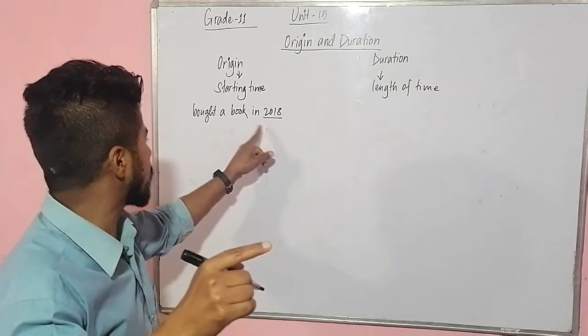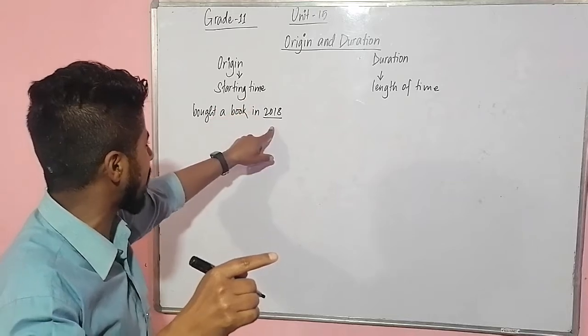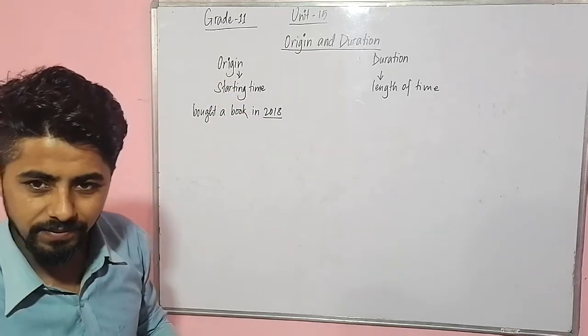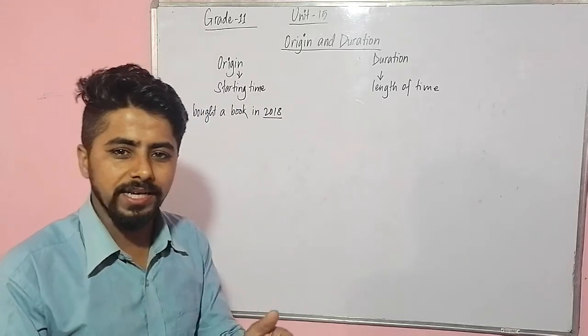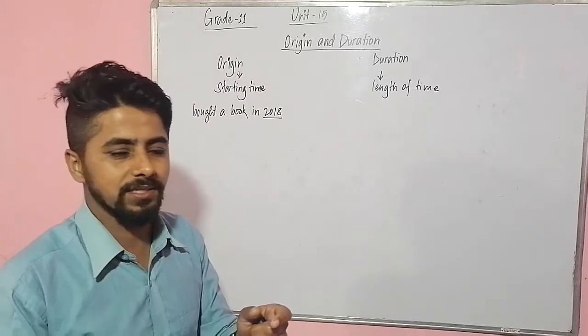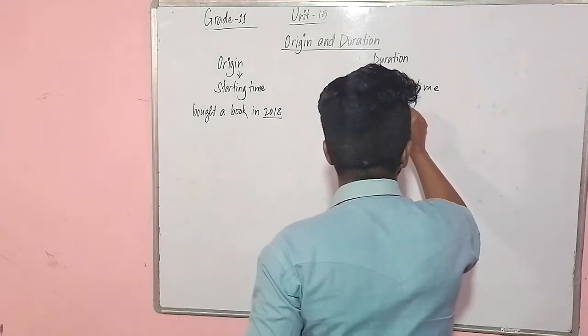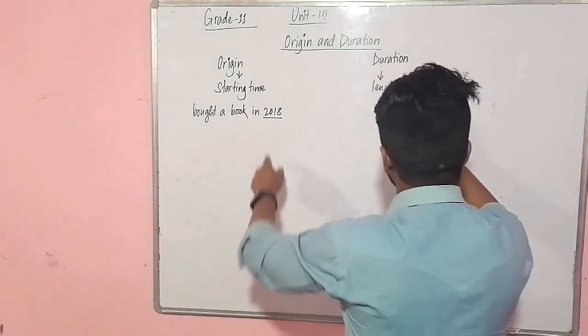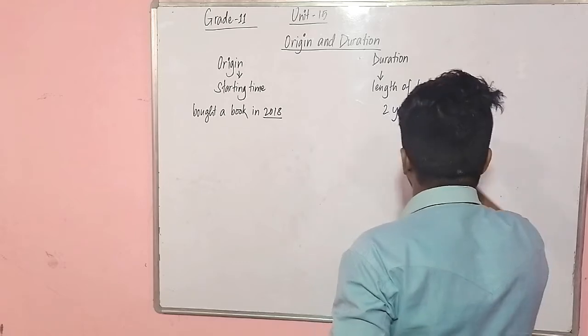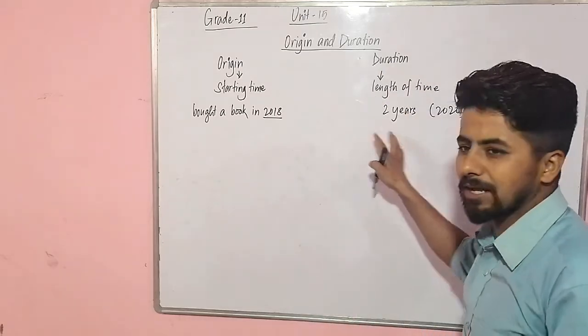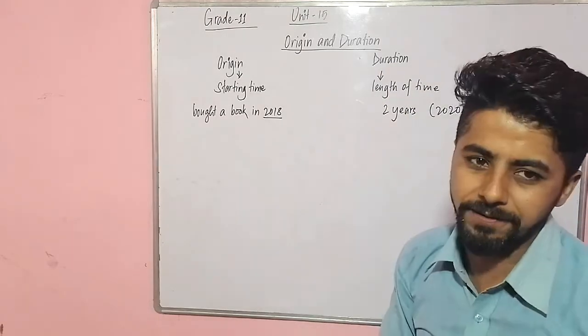That means in 2018 you bought a book, it is the starting time, so we can say it is origin. Right now it is 2020 and it has become 2 years. So you bought a book in 2018 and it has become 2 years in 2020. It becomes length of time, so it is called duration.